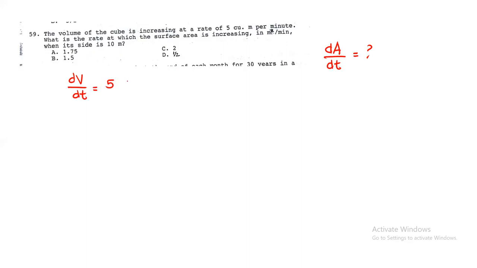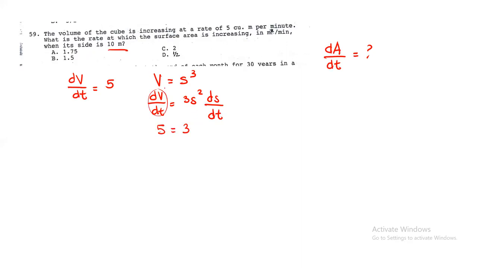So, kunin natin yung formula ng volume. Volume ng cube, s cubed. I-derivative natin with respect to time is equals to 3s squared, then derivative ng s with respect to time. Ilan ba tong dV over dt natin? 5. So, 5 is equals to 3s squared. Ano yung side natin?